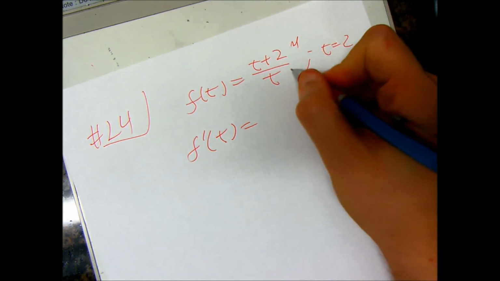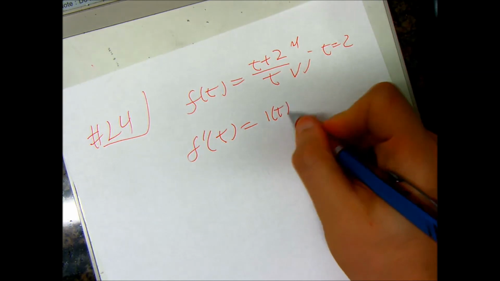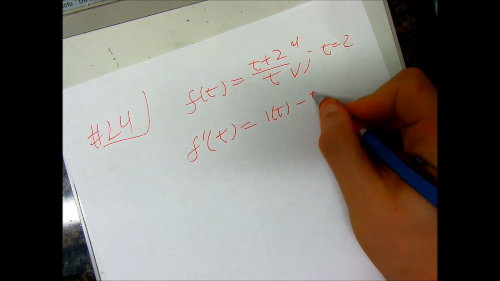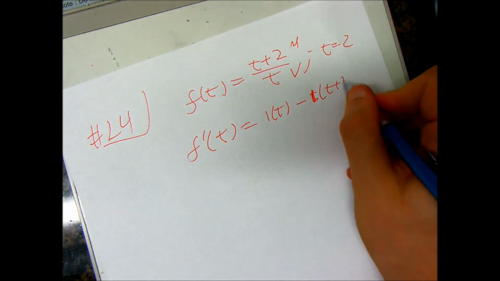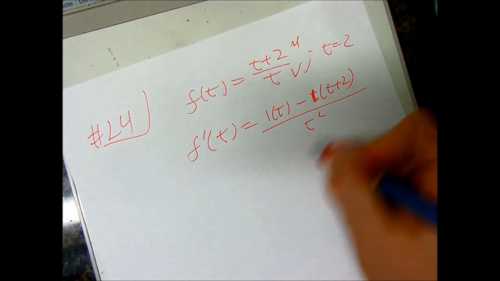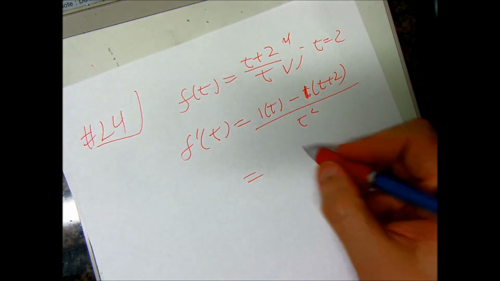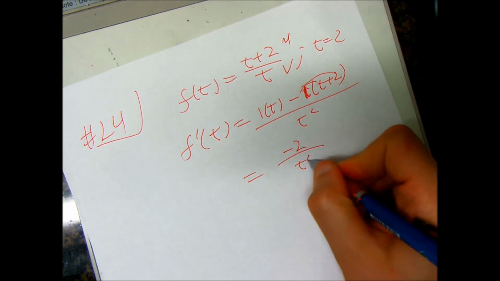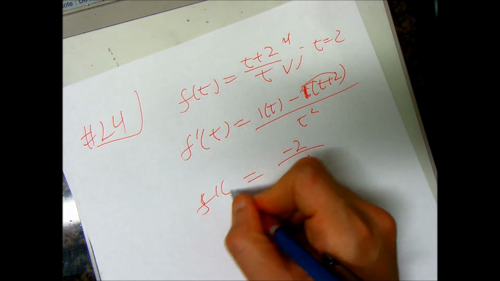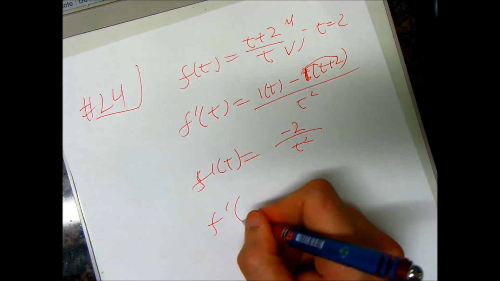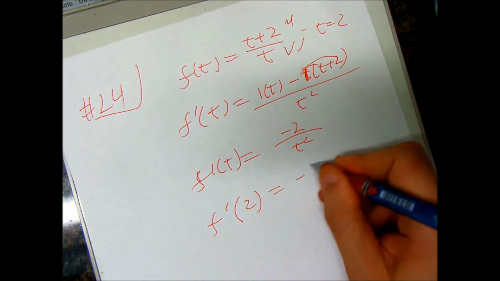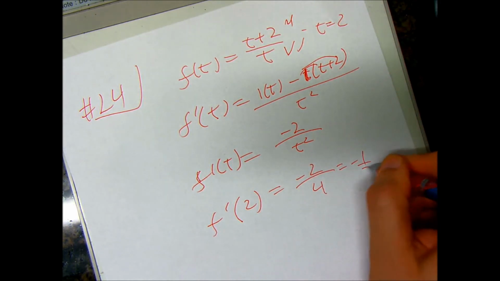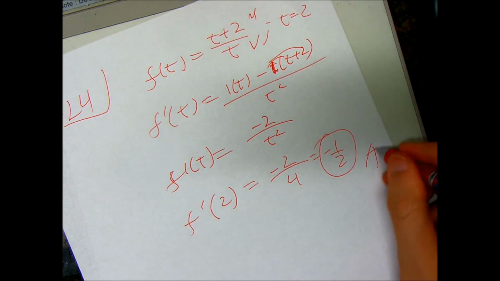So this is my u, this is my v. 1 times 2 minus t minus 1 times t plus 2 all over t squared. Okay. So if I simplify this, distribute the negative, I get negative 2 over t squared. So this is my f prime of t. F prime of 2 is negative 2 over 4, which is negative 1/2. So it looks like A.